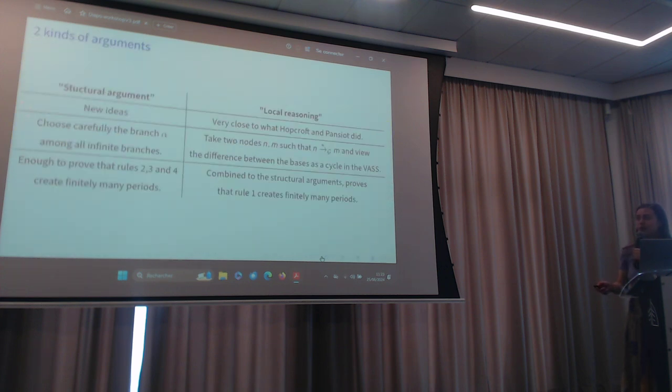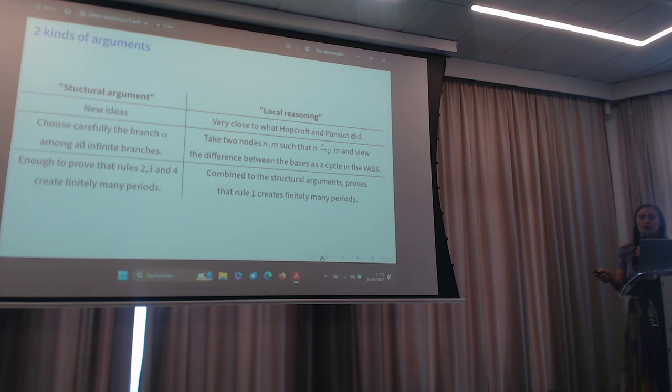So these structural arguments will be very useful, but they won't be enough to prove that rule 1 doesn't create infinitely many periods, because we still have this problem that infinitely many positive simple cycles could be created, and even if we are very wise with how we choose the branch, this has nothing to do with the positive cycles that appear in the graph.